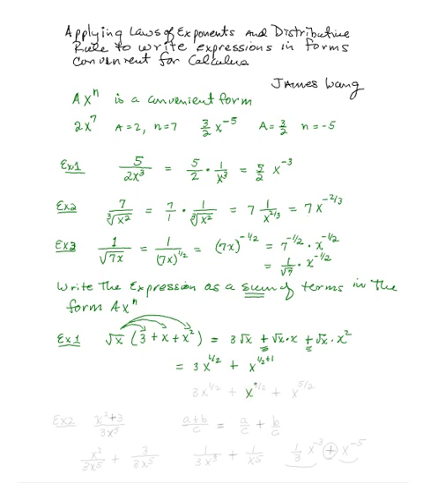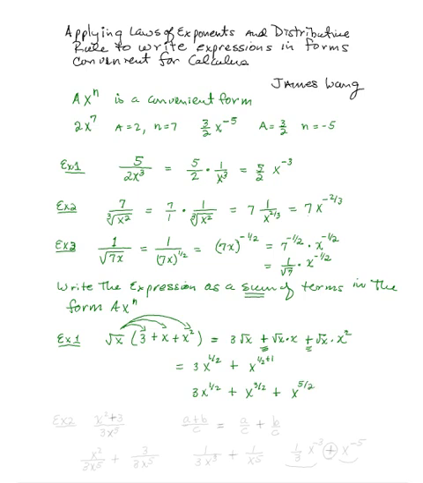So that would be x to the 3/2. And then we copy down the first term again. And then we have to go to the third term. And the third term is the same type of thing, except we have x to the 1/2 multiplied by x to the 2. 2 is 4/2. So that would give us x to the 5/2.